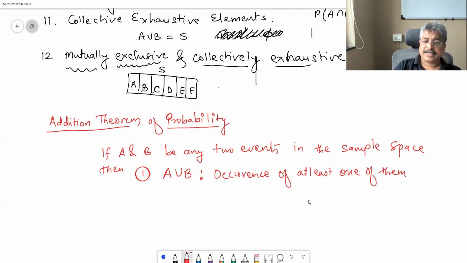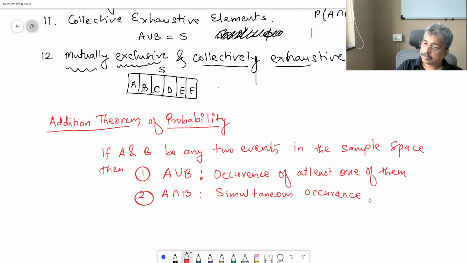So occurrence of at least one of A or B is A union B. Second, A intersection B: simultaneous occurrence of A and B. The element should be in A as well as in B. So A and B. So this is AND. This is OR.